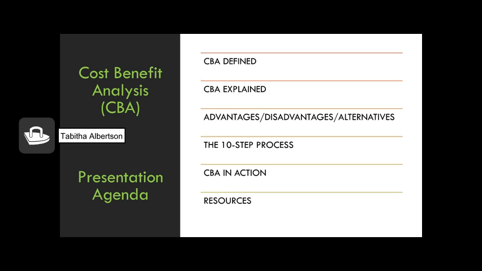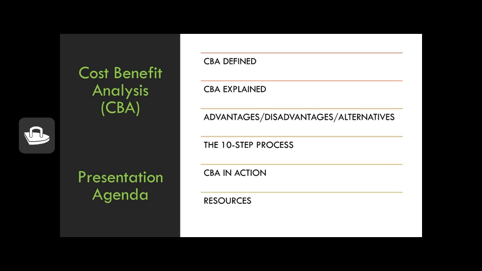Before diving into the content, I briefly want to outline this presentation. I'll start with a brief introduction and provide a couple of definitions of cost-benefit analysis, both from our textbook and other outside sources. I'll then summarize the overall purpose of cost-benefit analysis and highlight some of the advantages and disadvantages. And understanding that every tool isn't always applicable in every situation, I'll provide an alternative as well.